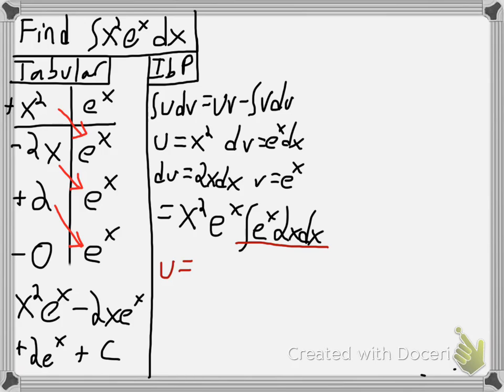So we need to do the same for that, and set u equal to x, because we can factor out the 2, or just take out the 2, and dv to e to the x dx.